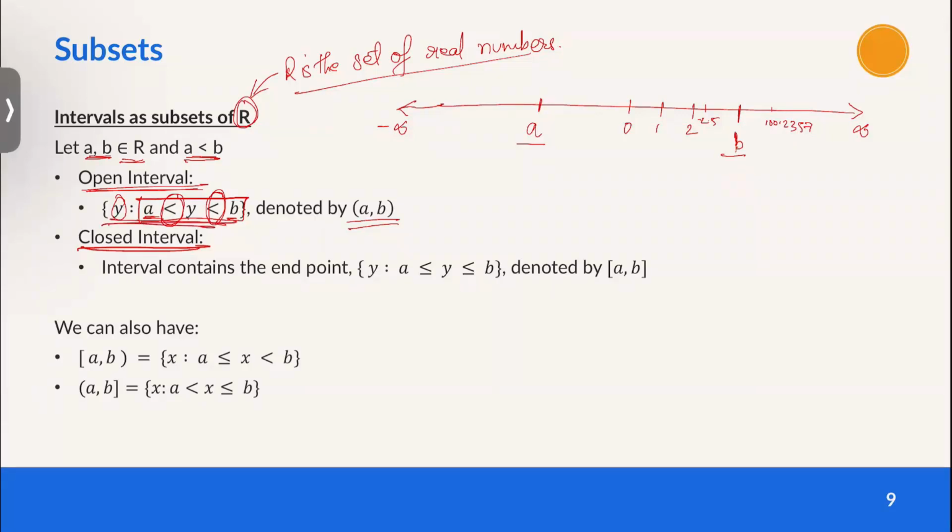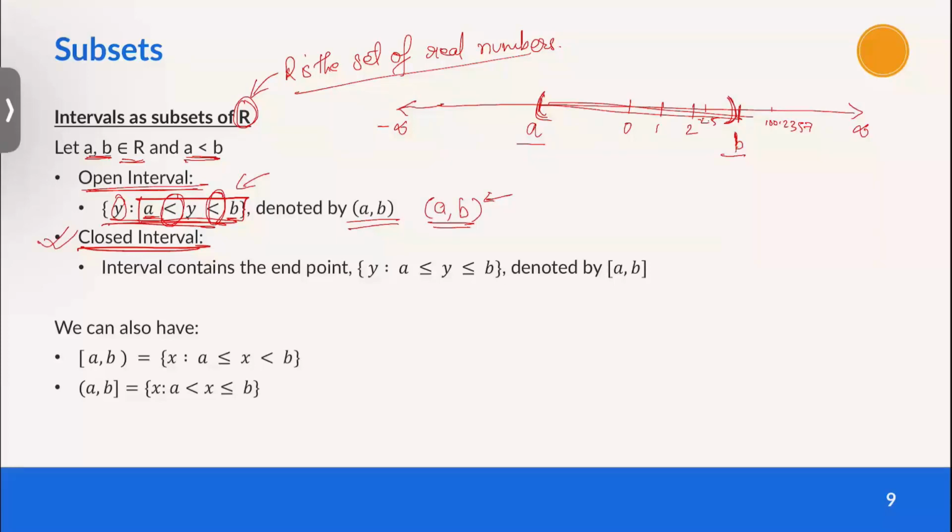All the numbers in between A and B will be in this set, and it is denoted by the normal bracket A, comma B. Now you will understand why this is important when we discuss the closed interval.